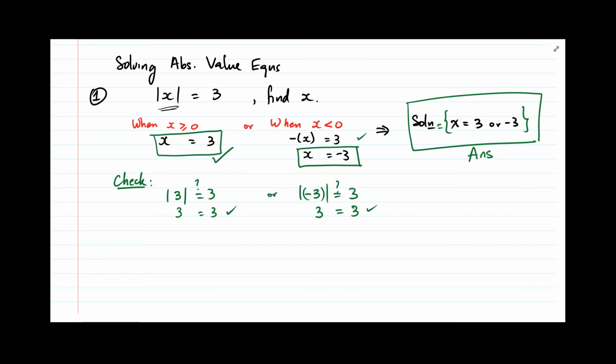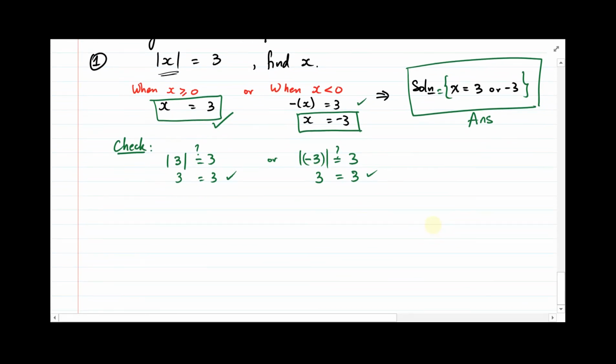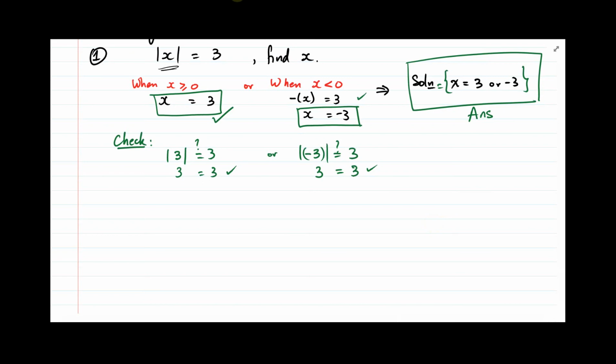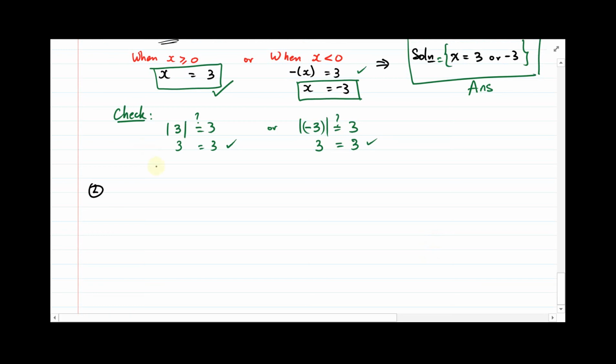All right, let's get a bit more complicated and see what's going on. We'll look at the meaning behind this a little later. All right, so again, we want to solve the equation absolute value of x minus 2 is equal to 4. I want to solve that for x.